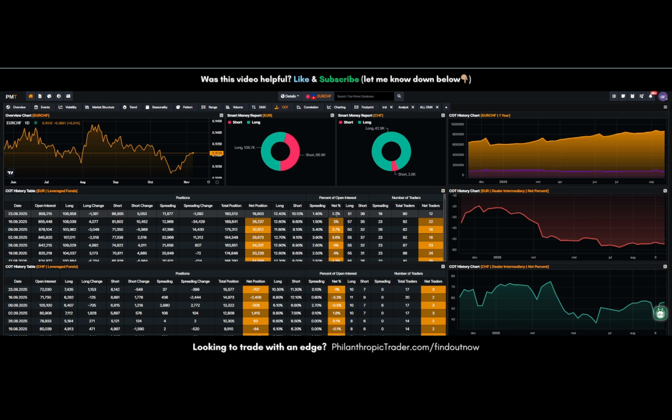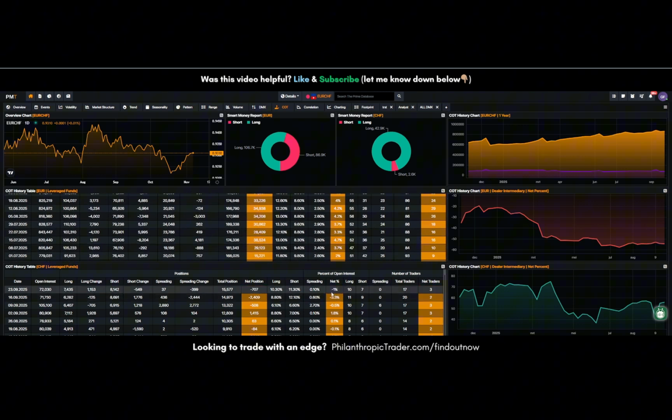Over here we see 2.3% net. They're aiming for a higher price. Over here we see 12.4% long and 10.1% going short. So in total 2.3%. And here we see -1, right?